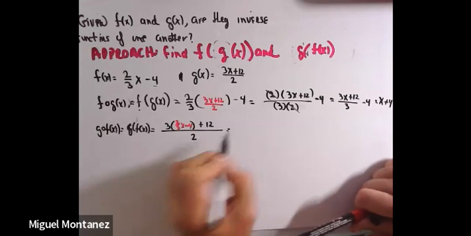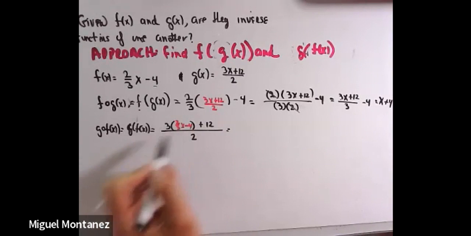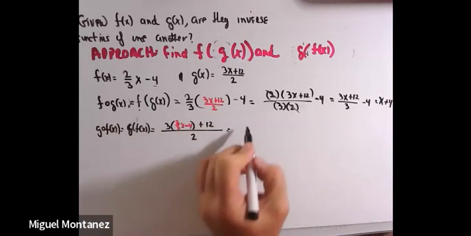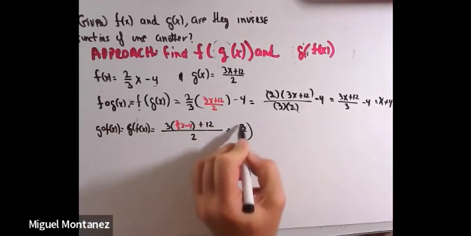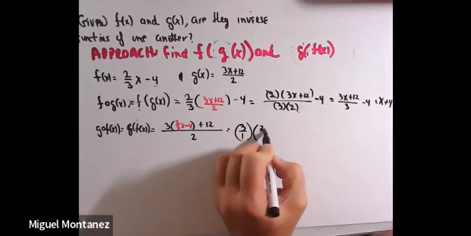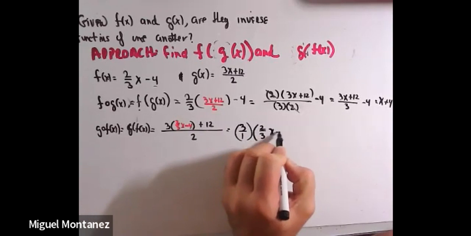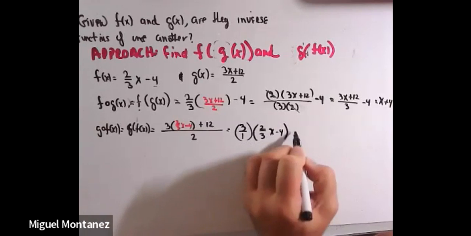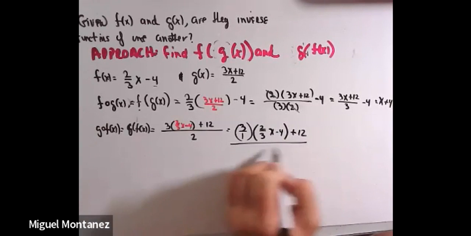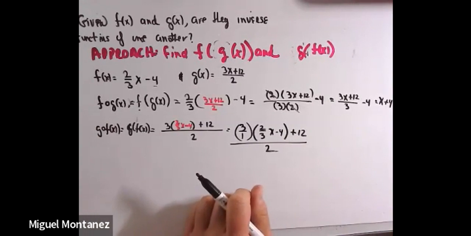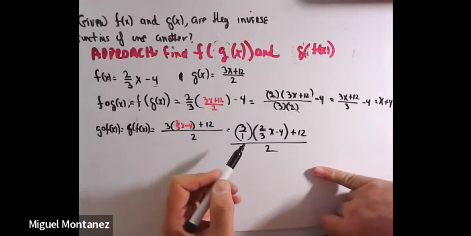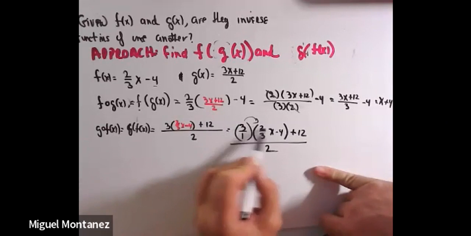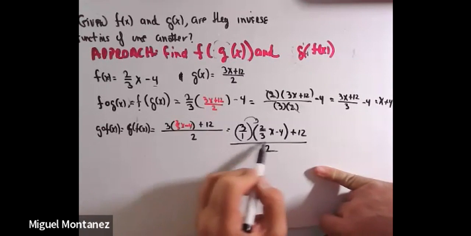So what do we have here? Let's just go ahead and distribute the 3. Let me write it a little bigger. This is 3 over 1 times 2/3 x minus 4 plus 12 over 2. We distribute this. 3 times 2 is 6, 1 times 3 is 3.